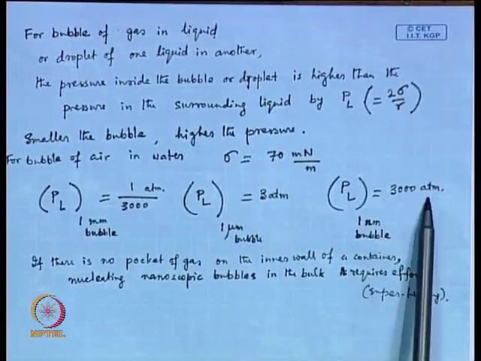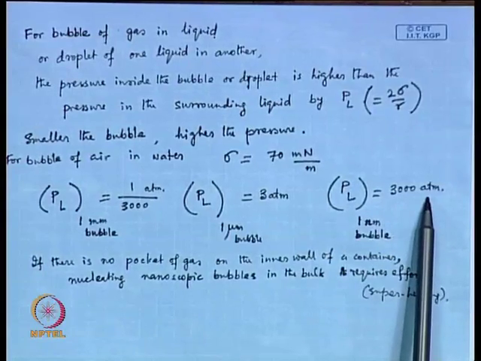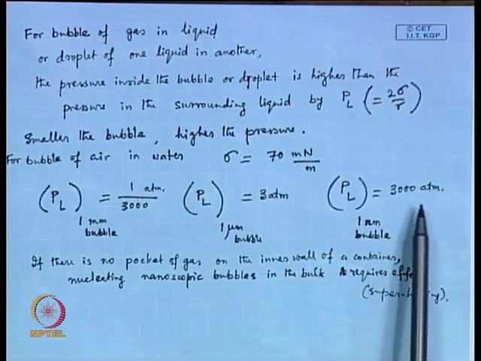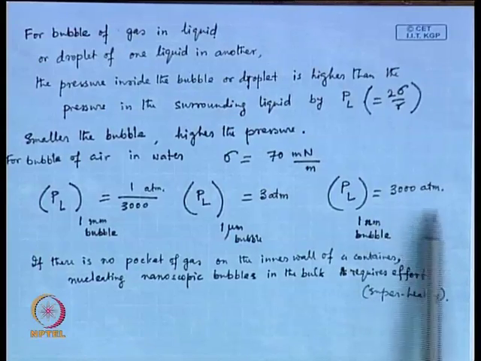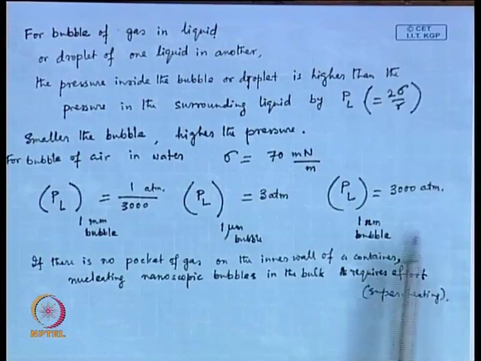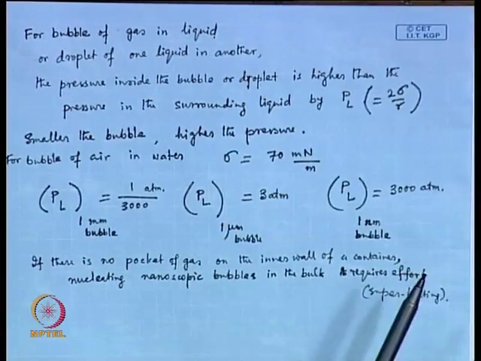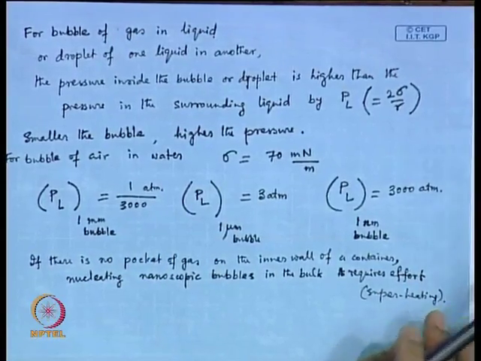So you have to break this barrier, you have to provide that kind of pressure, and only then would the bubble be generated. That is what I would like you to appreciate here: this pressure can be quite significant when the dimension of the bubble is small.